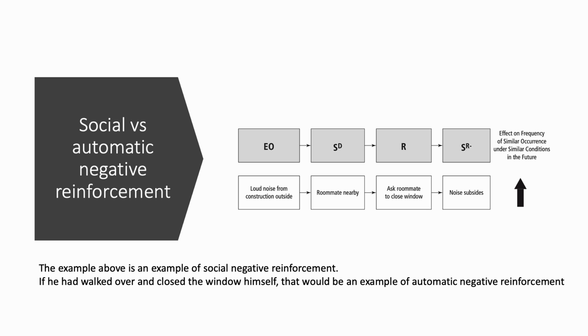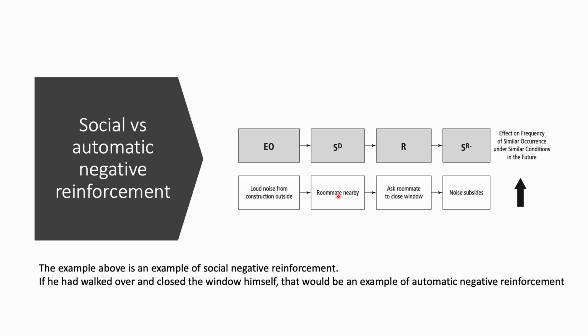Whereas in the example of you putting sunblock on yourself, that's a form of automatic negative reinforcement. So I'm putting sunblock on myself in order to avoid experiencing the sensation of a sunburn. Or in this particular example, I could walk over and close the window myself in order to have that noise removed. That is also an example of automatic negative reinforcement.